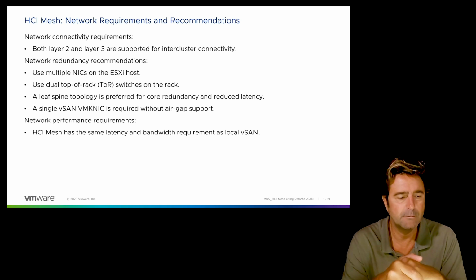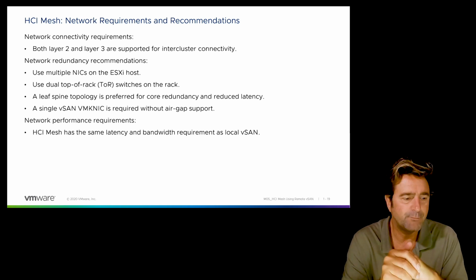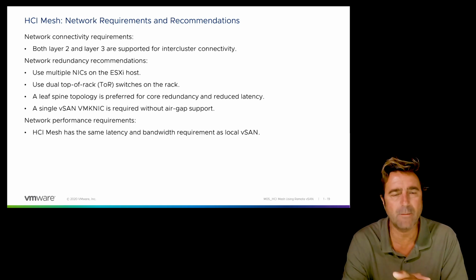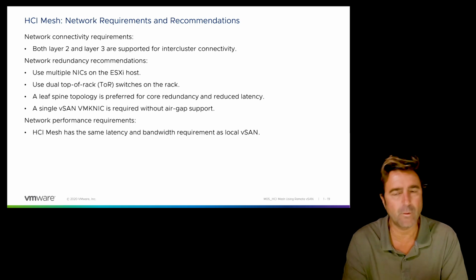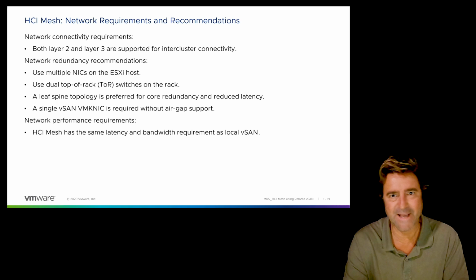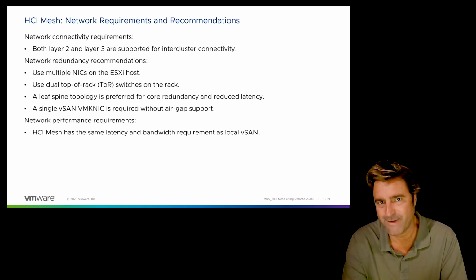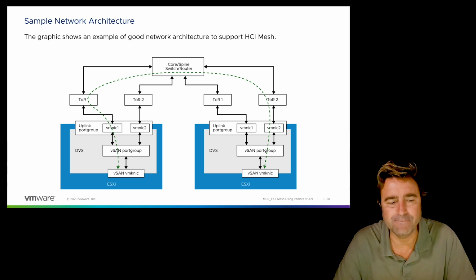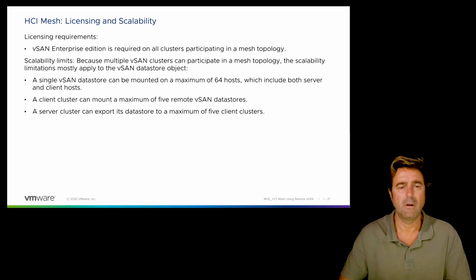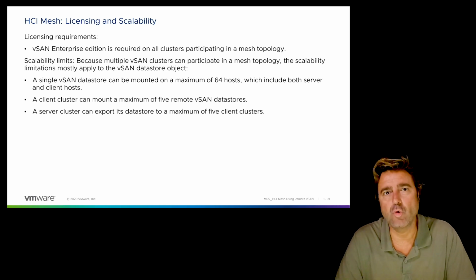If you take a look, here at the bottom, they talk about network performance requirements. An HCI mesh has the same requirements for remote vSAN data stores as it has for local vSAN data stores. Here you have an illustration where you can see the top of the rack switches. And again, we have different pages to deal with.